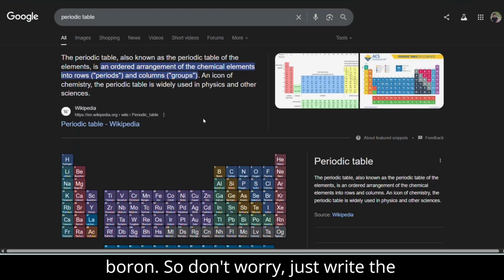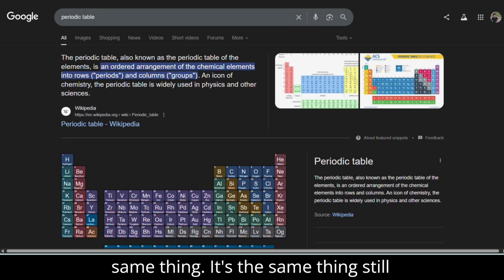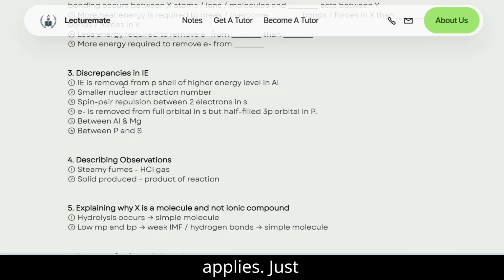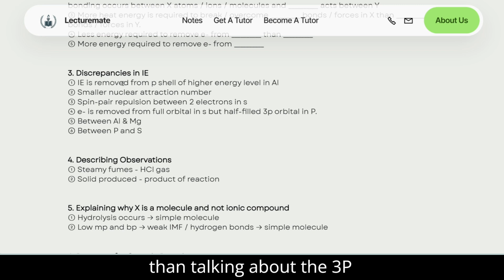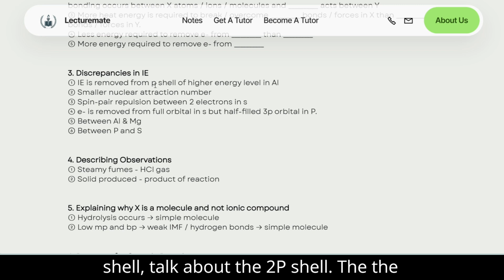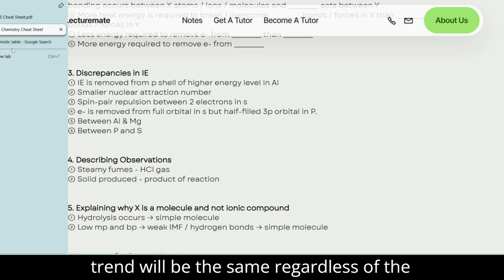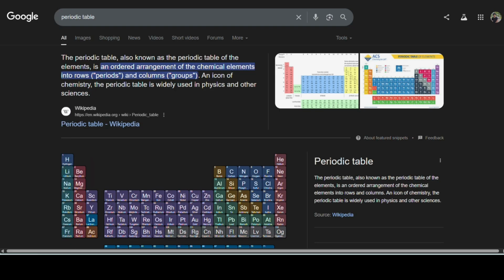Don't worry, just write the same thing. The same thing still applies, except that rather than talking about the 3p shell, talk about the 2p shell. The trend will be the same regardless of the period.